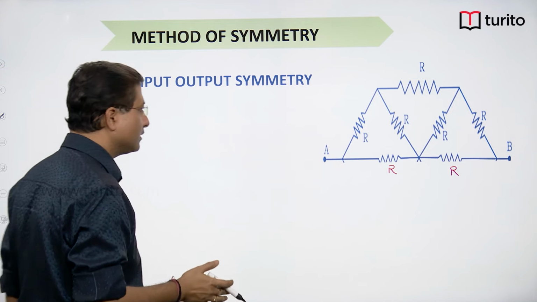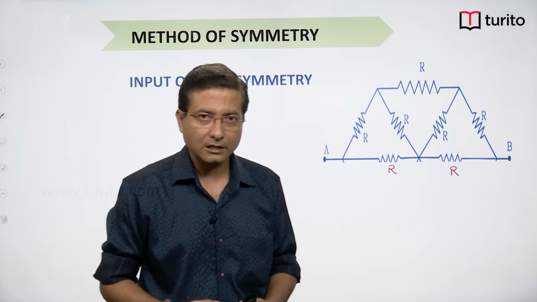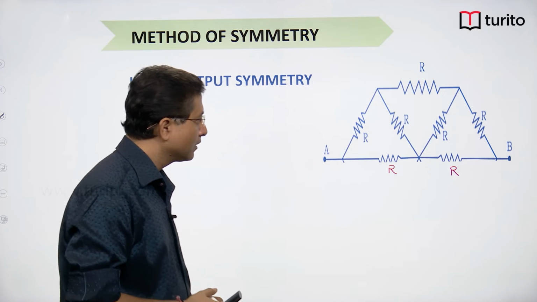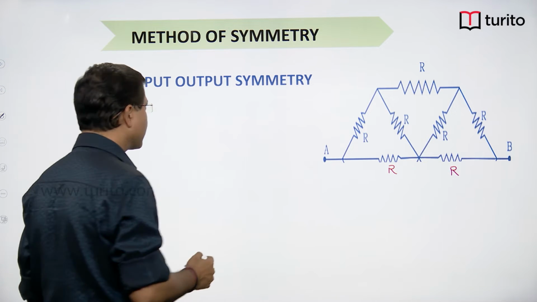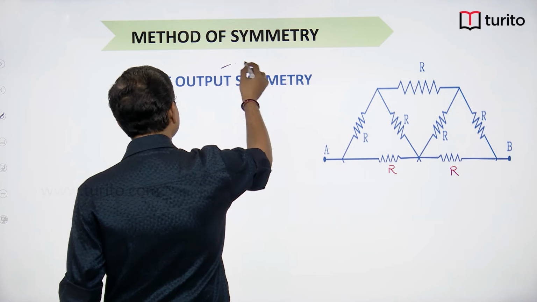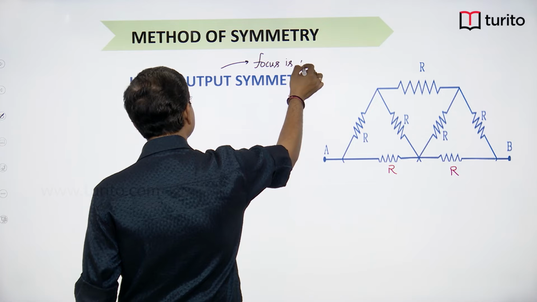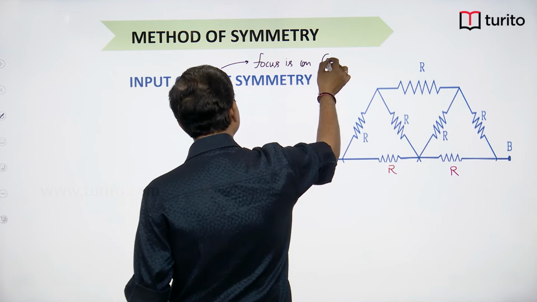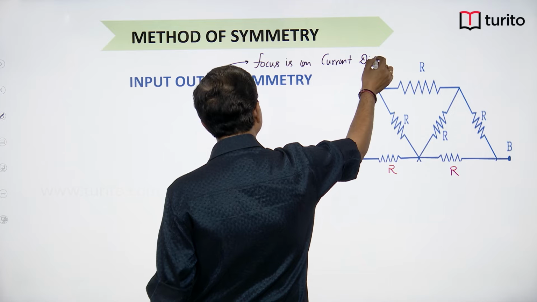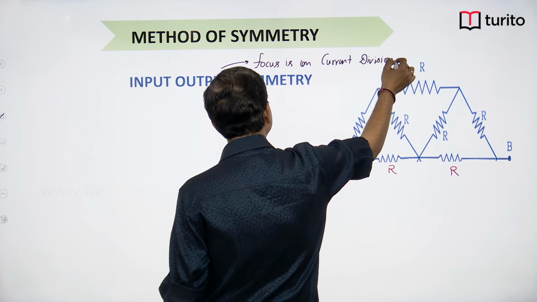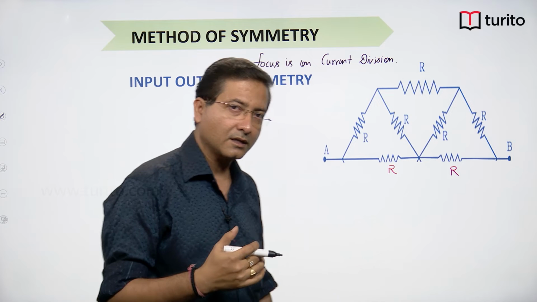So what is the help we get if we have this type of circuit? In input output symmetry we talk about current division. So our focus will be on how current is getting divided in the circuit.